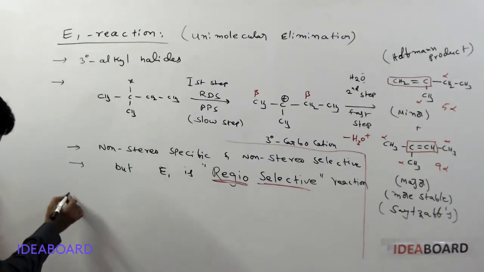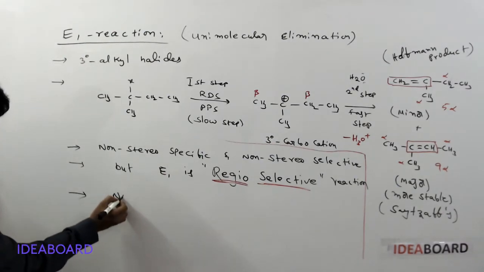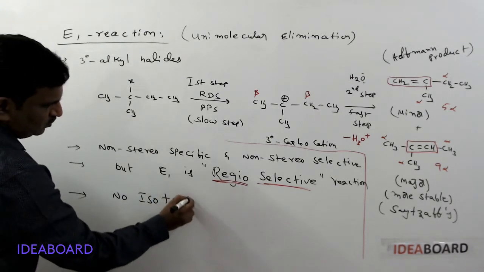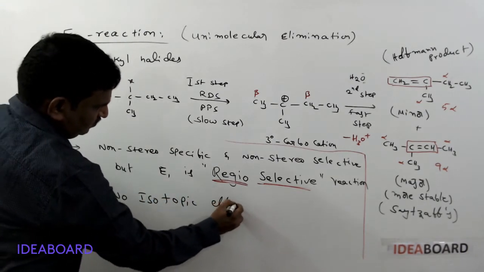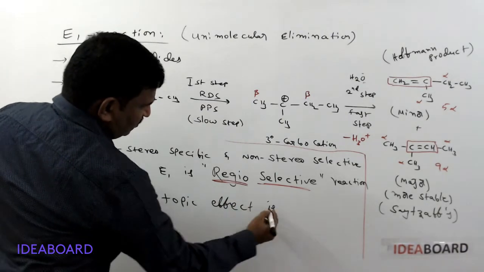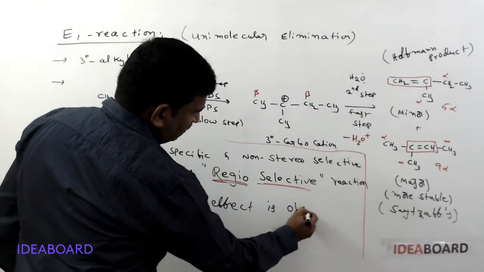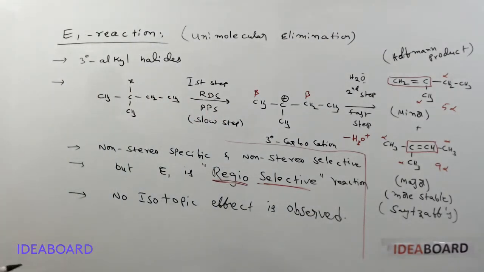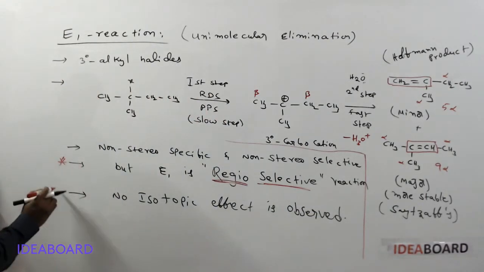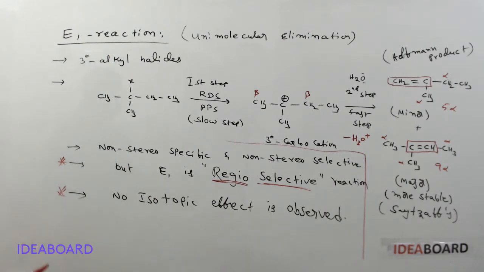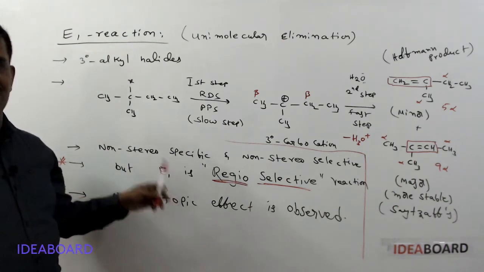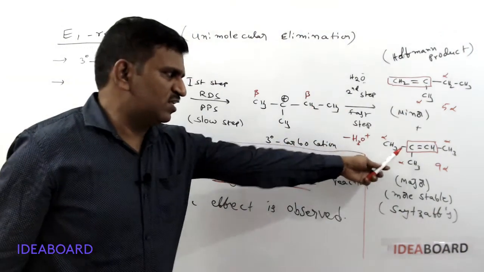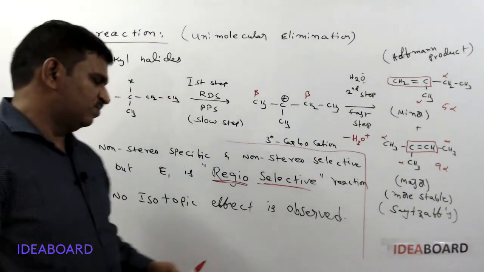Next point: no isotopic effect is observed. What is this no isotopic effect? These two points are new for the E1 reaction; they are not considered in the SN1 reaction, because here elimination is occurring, so regioselectivity is taken.